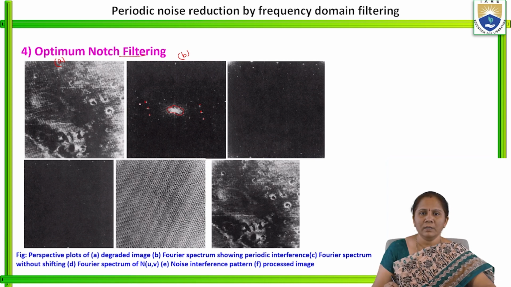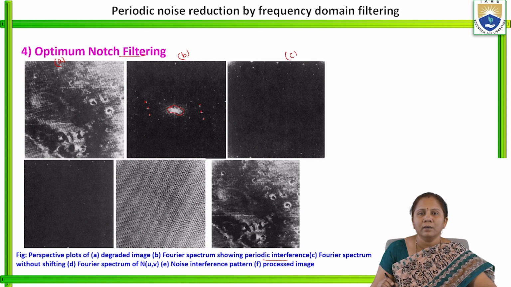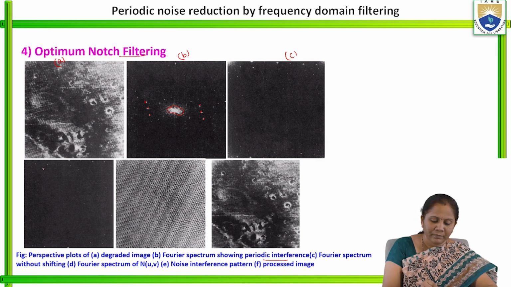All of that represents the noise, and it is periodic noise. And here this is C, which represents the Fourier spectrum only, but without shifting, without making the shifting operation.